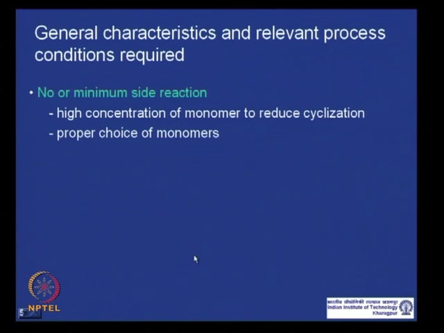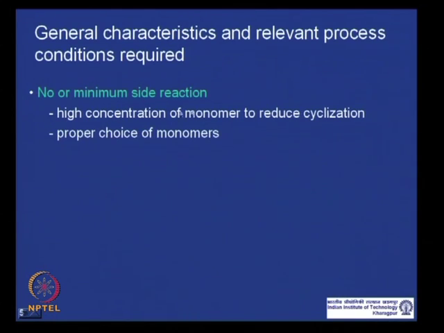And if there are any side reactions which hinder the reactivity of your functional group, some species being generated which affect the reactivity of the functional group, that also will hinder the polymer formation. So, proper choice of monomer is very important.